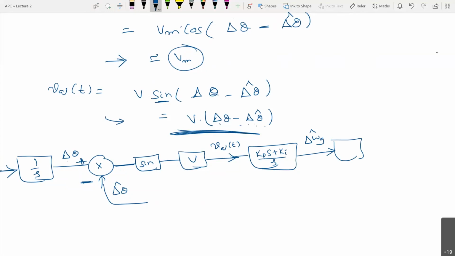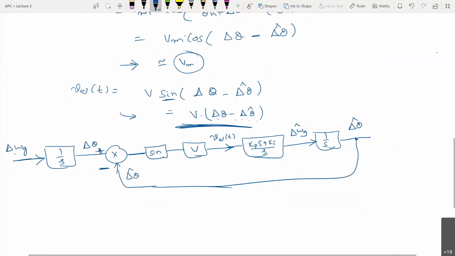And after integrating this one, that gives you the theta, or this delta theta. Again, this is connected here. Clear? Is it clear?